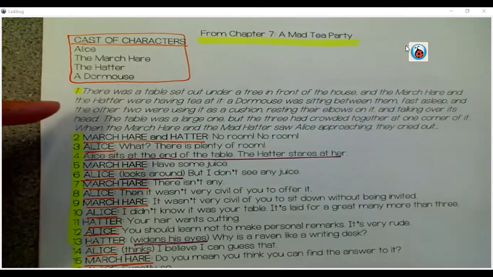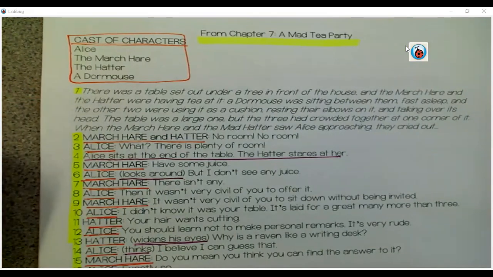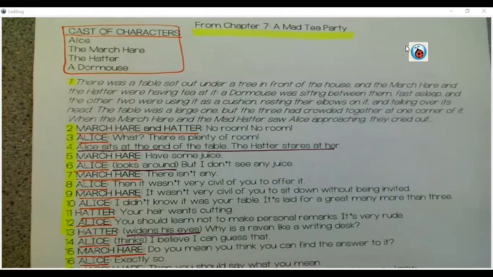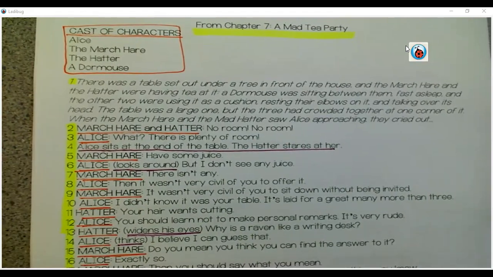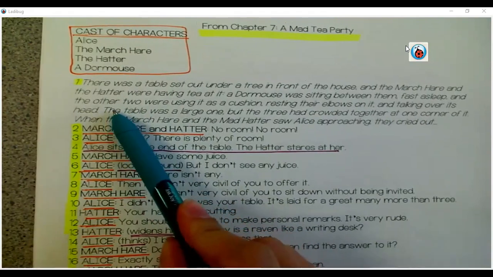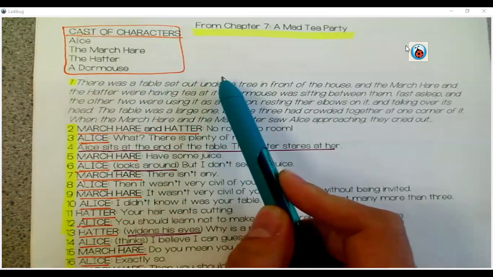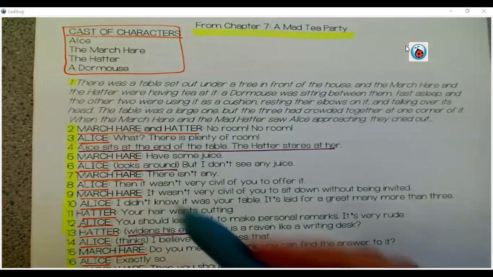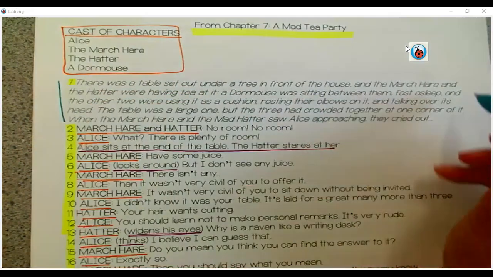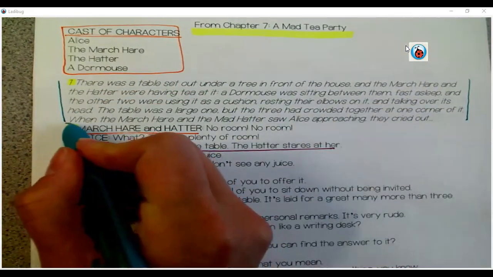The reason is because this is not stage directions. This is the description of the scene or the setting. So we can tell it's different because it's written in italic font, which is a little bit like slanted, is what we see here. So I'm going to go ahead and I'm going to box this.